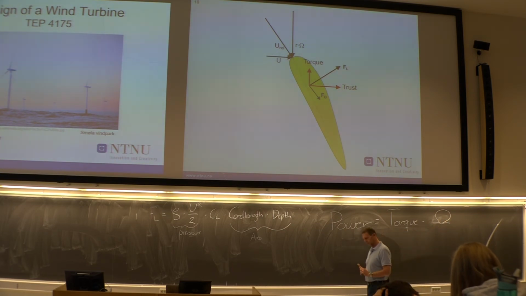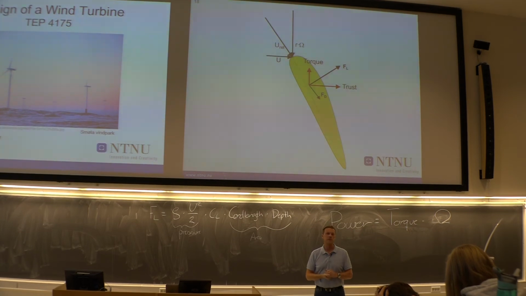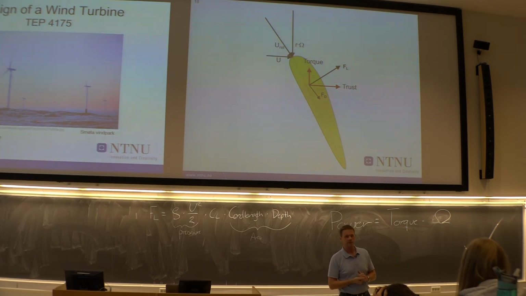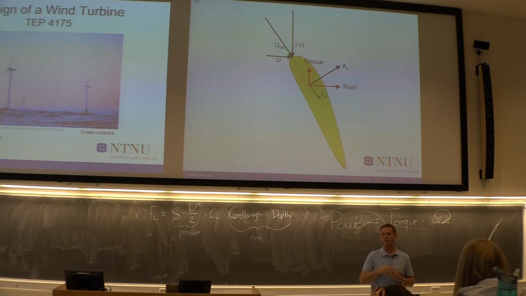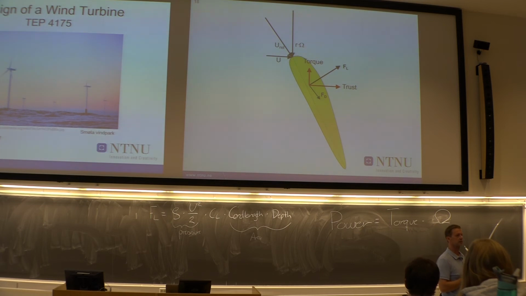And omega is the rotational velocity in radians per second of the turbine, so how fast it is actually rotating.